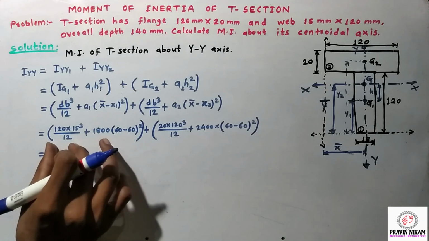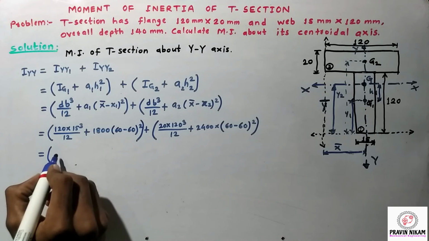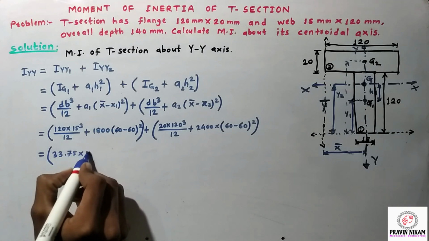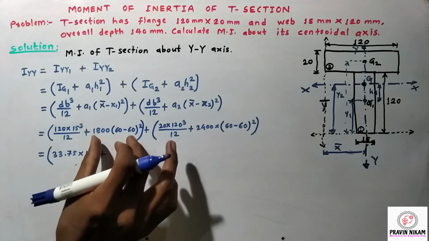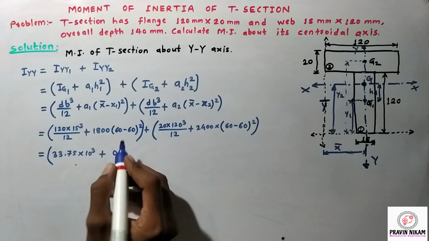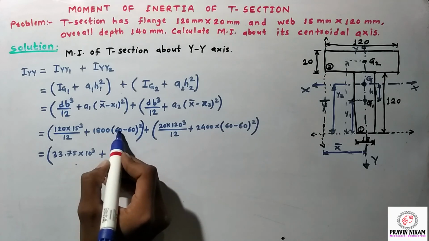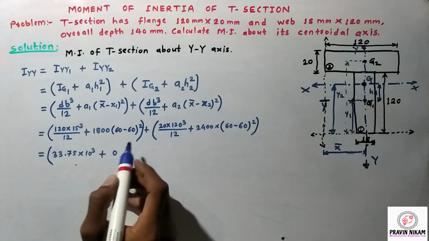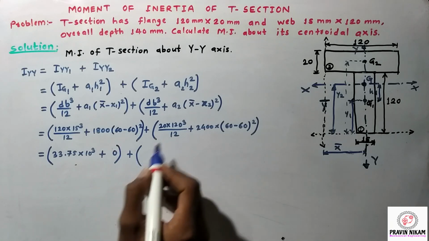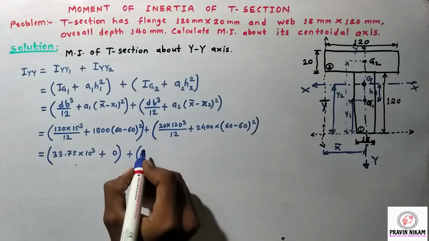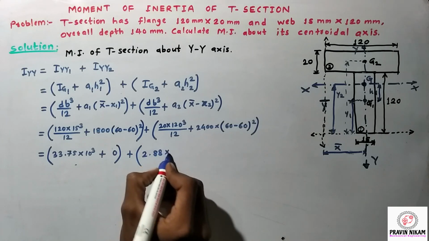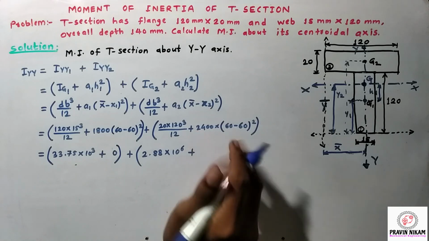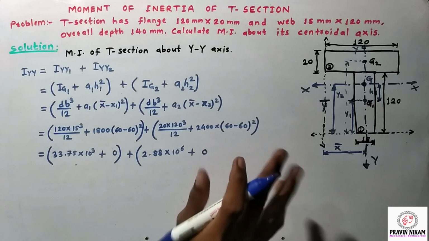Now this term becomes 33.75 into 10 raised to 3 plus this term becomes 0 because 60 minus 60 is 0, 0 square is 0, then 0 into 1800 is 0, plus this term is 2.88 into 10 raised to 6 plus again this term is 0, 60 minus 60 is 0.